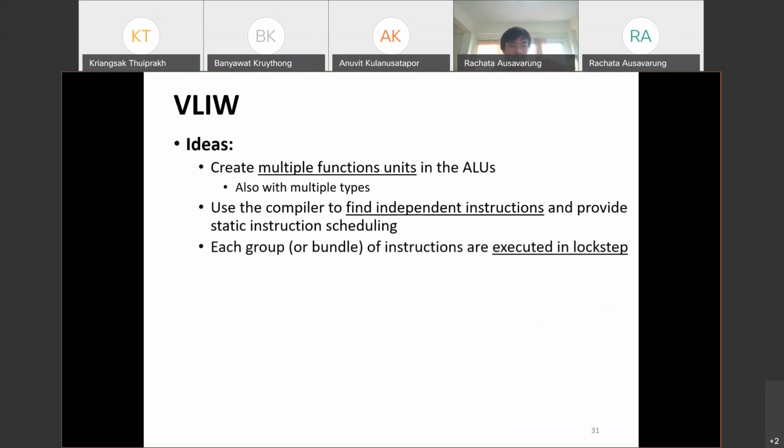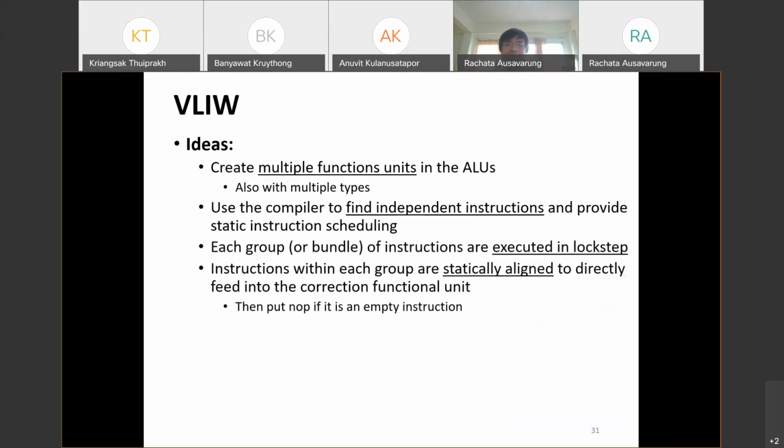Each group or bundle of this instruction are executed in lockstep. This is kind of similar to the GPU where you execute all the entire instruction word together. Instruction within each group are again statically aligned by the compiler to directly feed to the correct functional unit, right? If you don't have anything inside that particular ALU, then you put in no ops or no operation.